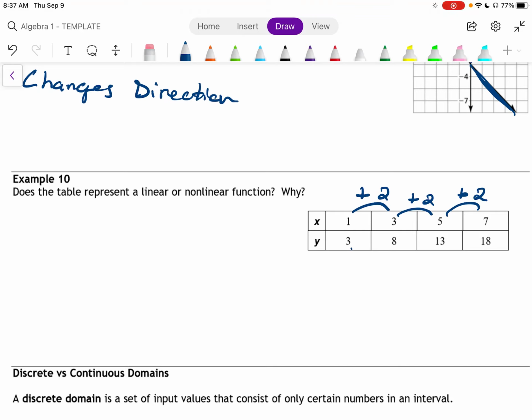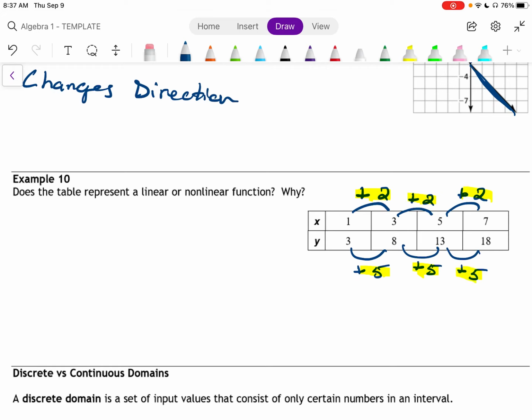On the bottom piece, 3 to 8, what is that? 8, 7, 6, 5, that adds 5. 8 to 13, that adds 5. And 13 to 18 adds 5 again. This one is okay. This is a line because the x's all change at the same rate, and the y's change at the same rate.